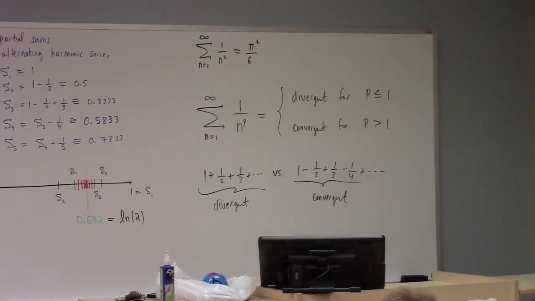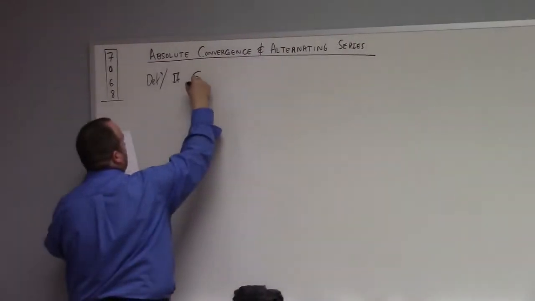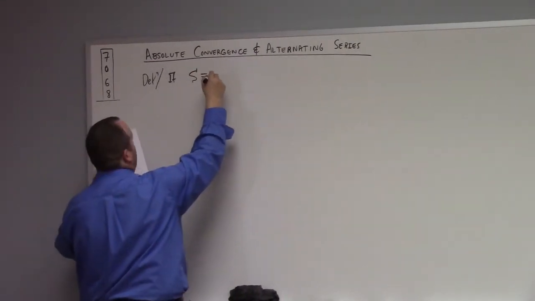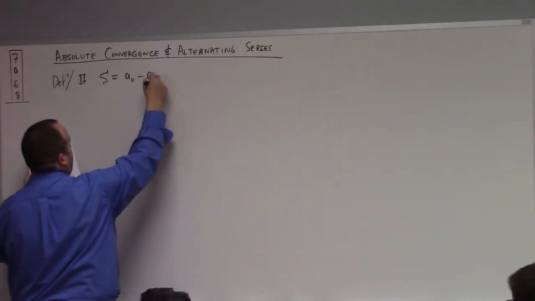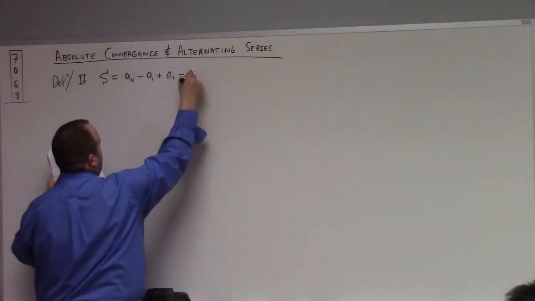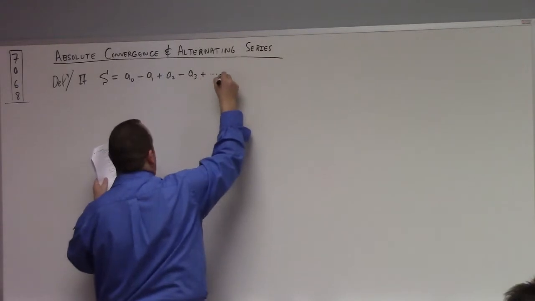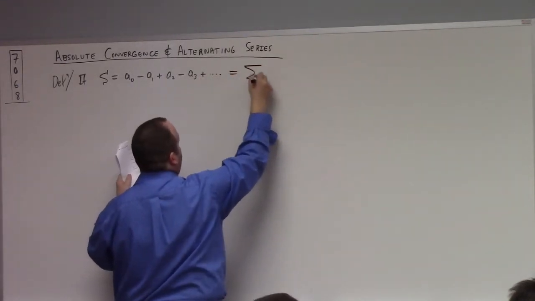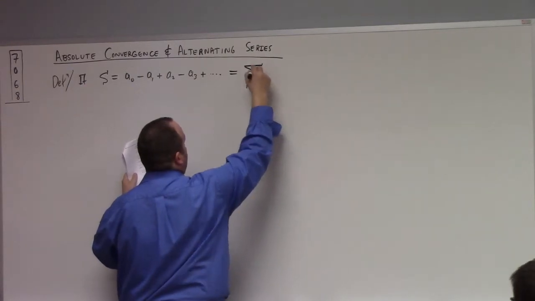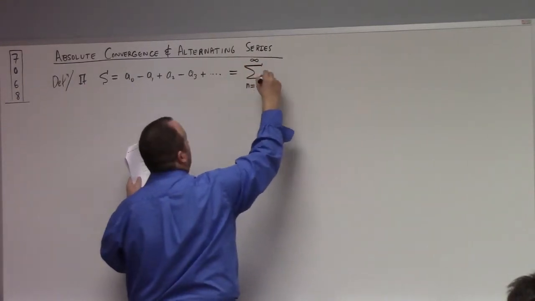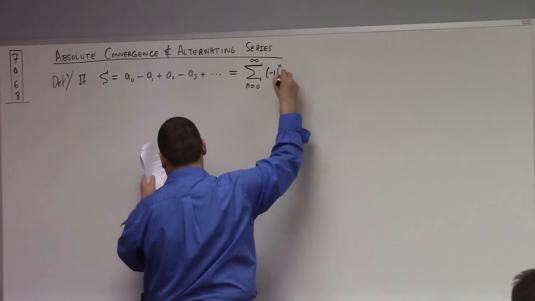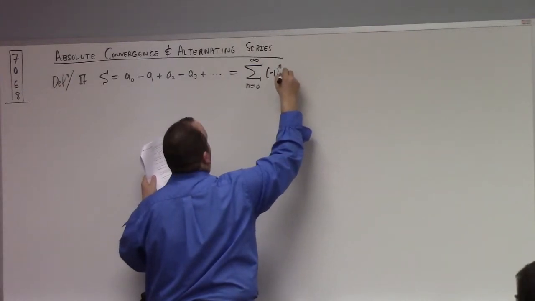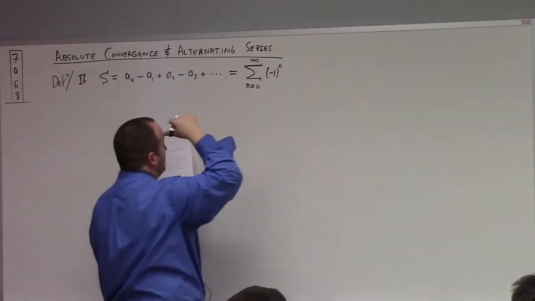Definition: if S equals something like A0 minus A1 plus A2 minus A3 plus dot, dot, dot, in other words, it can be written as the sum n equals 0 to infinity of minus 1 to the n.